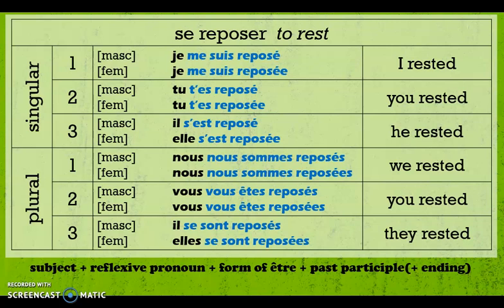Okay? It's something that kind of looks like it's involved, but it really is the simple process. Just do it regular, but put that reflexive pronoun in there, and you're fine. All right? And I've got a little note down there, subject plus reflexive pronoun plus form of être plus the past participle plus its ending.